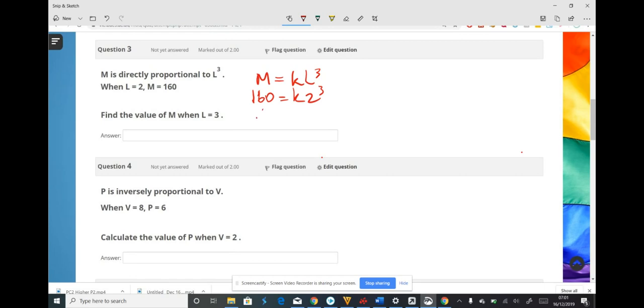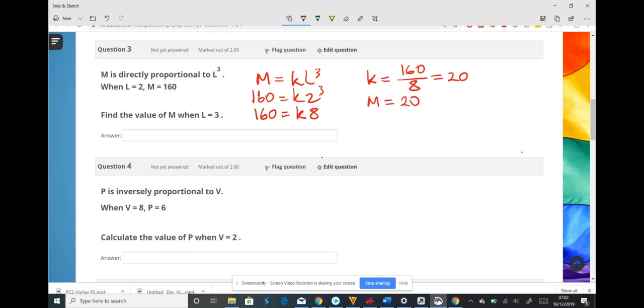So 160 is equal to K times 8 or 8K. So K itself will be equal to 160 divided by 8. And simplifying this, we get 20. So K is 20. So we can rewrite the formula as M is equal to 20 L cubed.